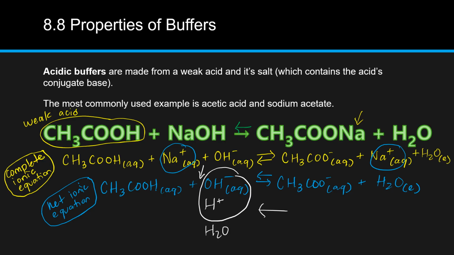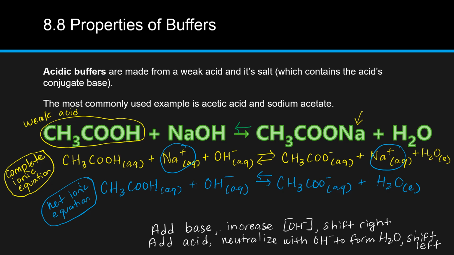shift to the left. You can also think of it in a more basic way in terms of an acid and a base reacting with the weak acid and the conjugate base. So we know acetic acid is our weak acid and acetate is our conjugate base. So if we are to add base, then it is going to react with the weak acid and therefore make more products.